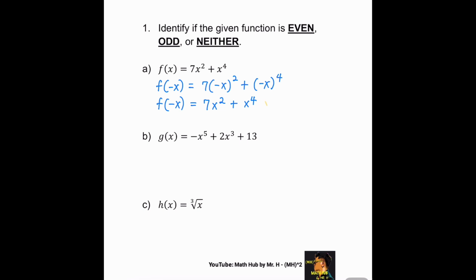So this is the result after the algebraic manipulation, comparing it to the original given function. As you can see, they are the same, right? Since f of negative x is equal to f of x, or the original function, therefore the given function is even.